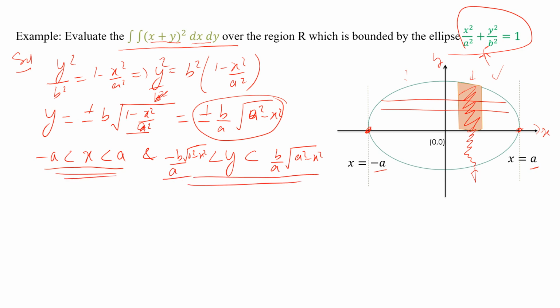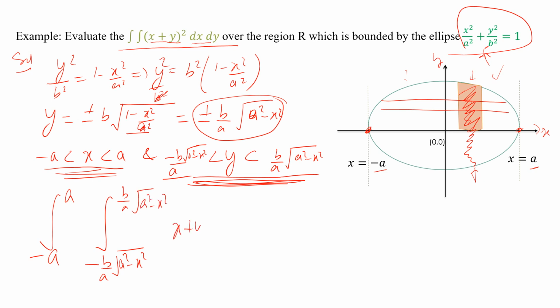If we are taking the integration along the y-axis, means first we take the integration with respect to y, then x. So minus a to a and minus b by a root a square minus x square to b by a root a square minus x square, x plus y whole square dy dx.